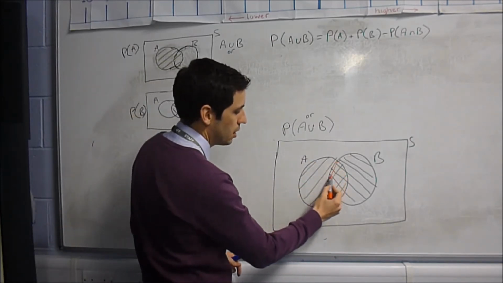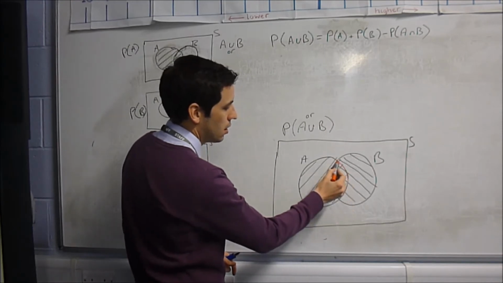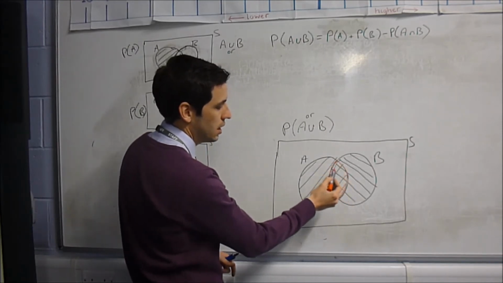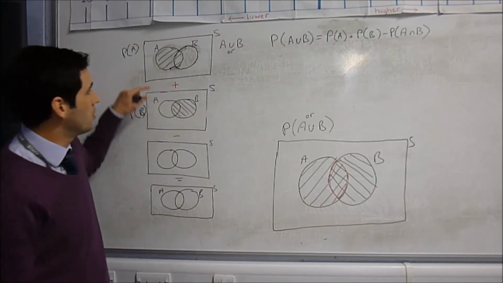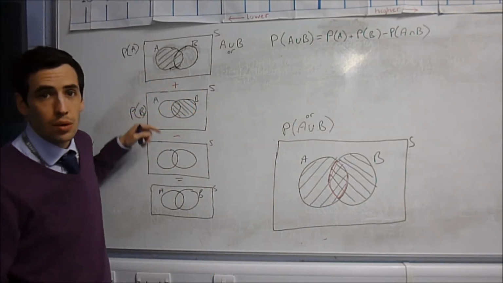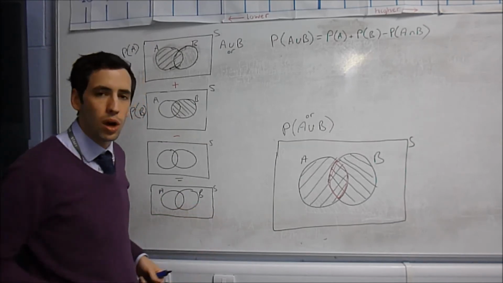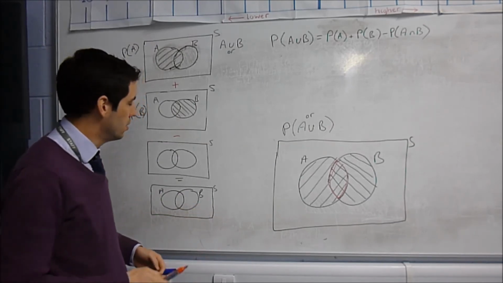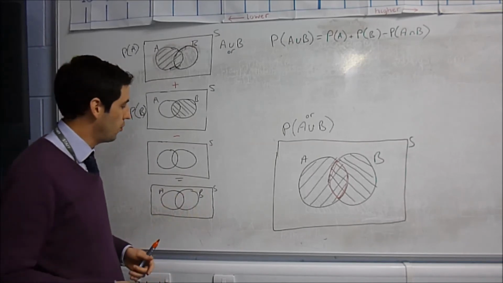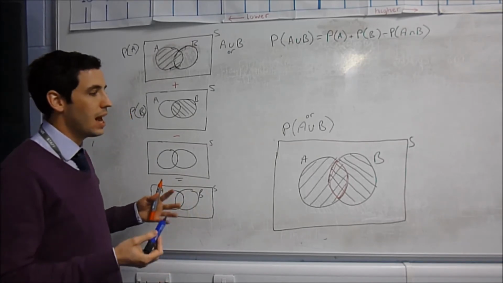So this bit here has been counted twice. You can see the hatching goes both ways. By counting the probability of A plus the probability of B, we've counted it twice. So all we need to do is take away one lot of that middle value. And we've already seen from the explanation before that this is the probability of A and B.